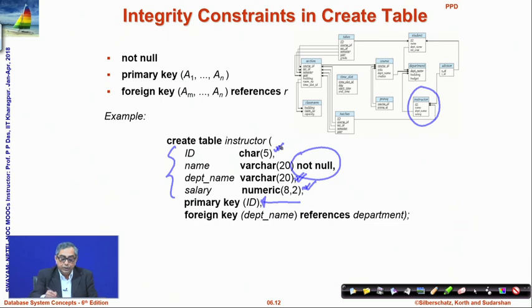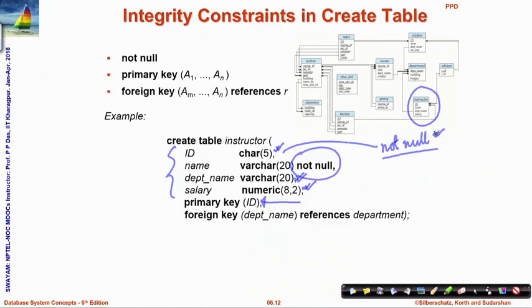So, you do not need to write not null here, because it is a primary key, it will be known to be not null. Certainly we have discussed that a key is the distinguishing attribute in a database table. So, it cannot be null, otherwise it will not be able to distinguish.